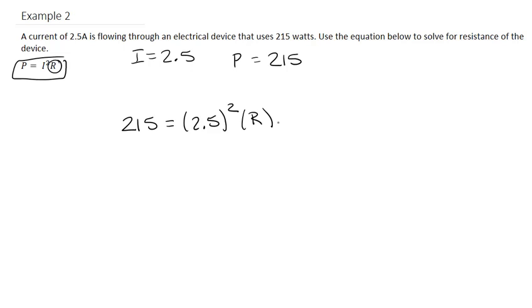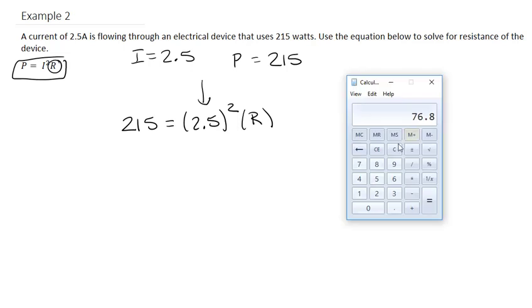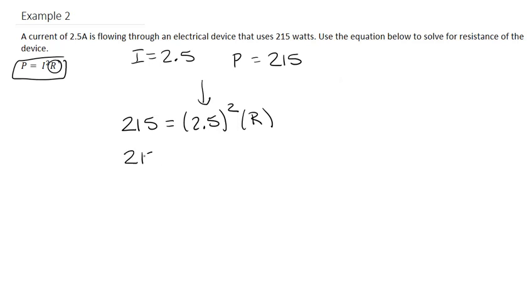Now, what our first step will be is we're going to multiply this out. So let's get our calculators out. I'm going to go 2.5 times 2.5, which is equal to 6.25. Let's go ahead and rewrite this. So now we've dealt with our exponent, and now we just have 6.25.